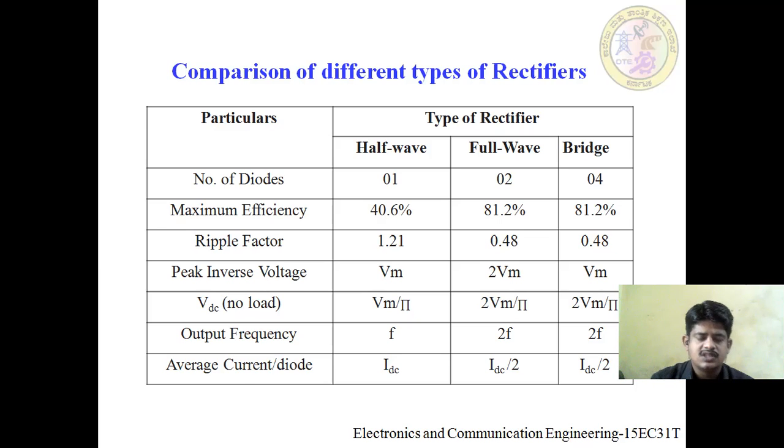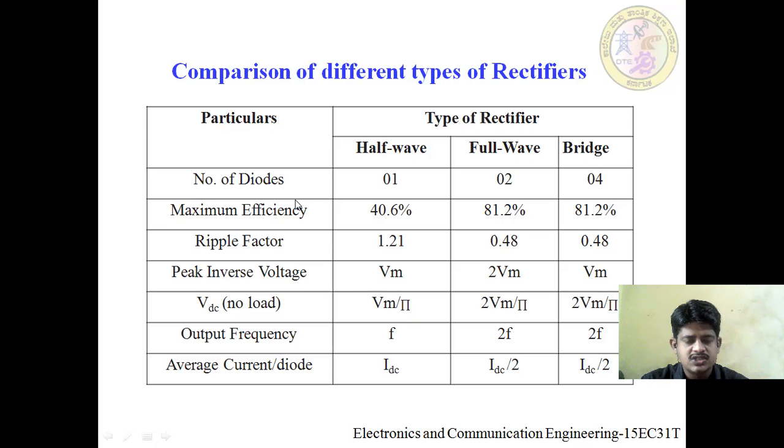It deals with all the parameters and gives the values for half wave and full wave. Full wave means center tapped full wave, and bridge means bridge type full wave. Don't get confused, both of these are full wave: one is center tapped and one is bridge type. Let's go one by one.